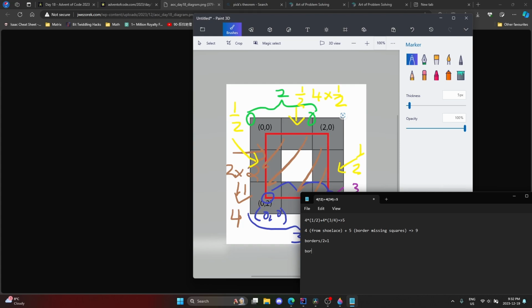So you have borders minus 4 divided by 2. So that's how many new squares you have. And then we need 4 of them, so 4 times 3/4.